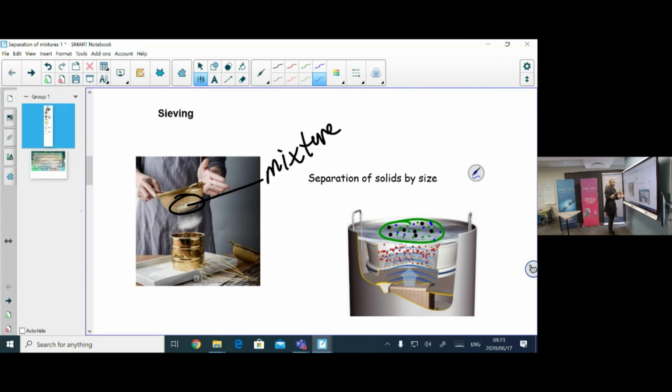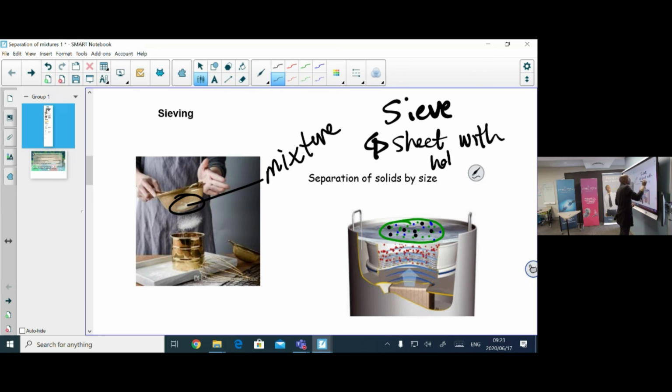And what happens is it only allows particles of a particular size to pass through it, and it will hold up or trap particles that are too big for those holes that are on that sheet. So a sieve will be a sheet with holes, right?